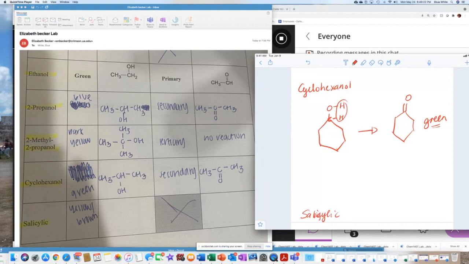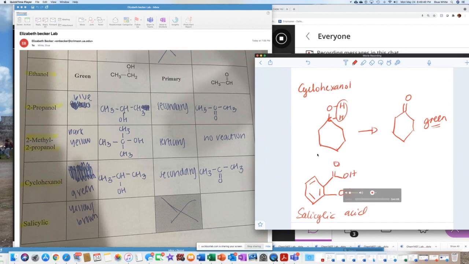Salicylic acid, I misspelled it. This is the structure. So it has a benzene ring here, and then there's an OH here, and there's a double bond OH. Okay, so what did you get for that one?